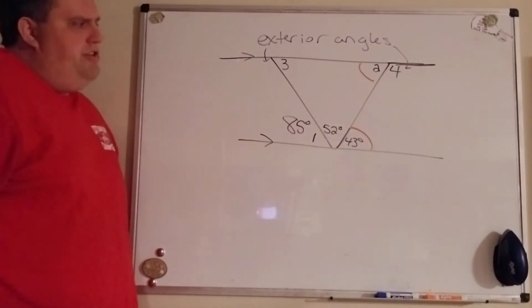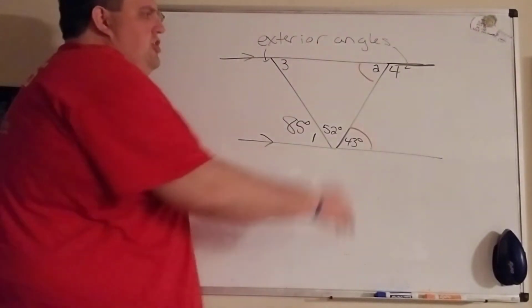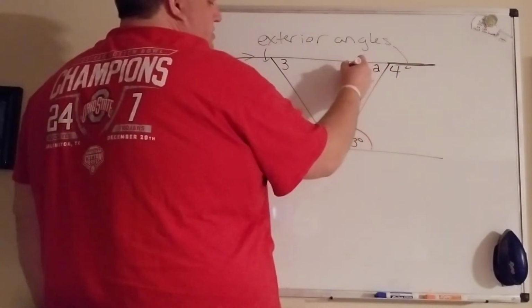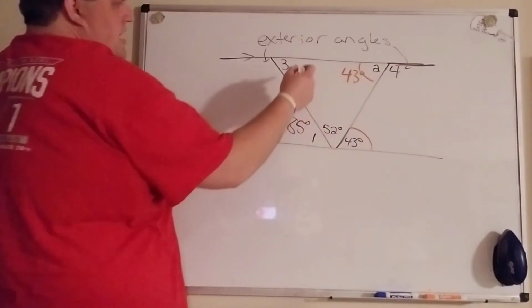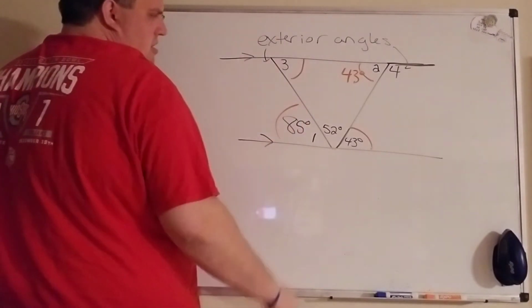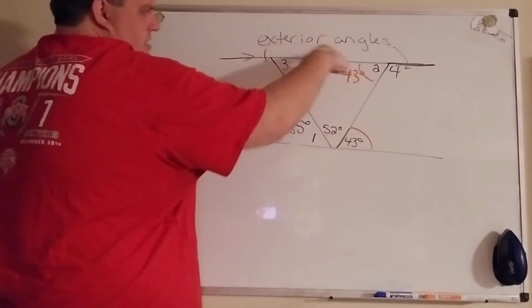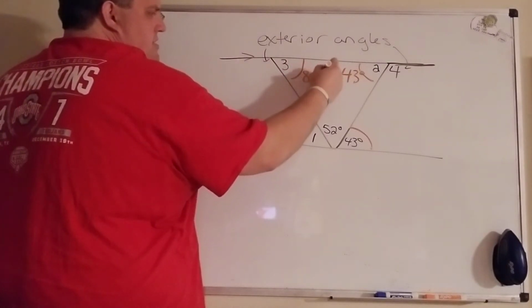If you notice, those are actually alternate interior angles. So 2 is going to be 43 degrees. And if you look at this, that actually happens on the other side. This one and this one are also going to be alternate interiors. So that means 3 is 85 degrees.